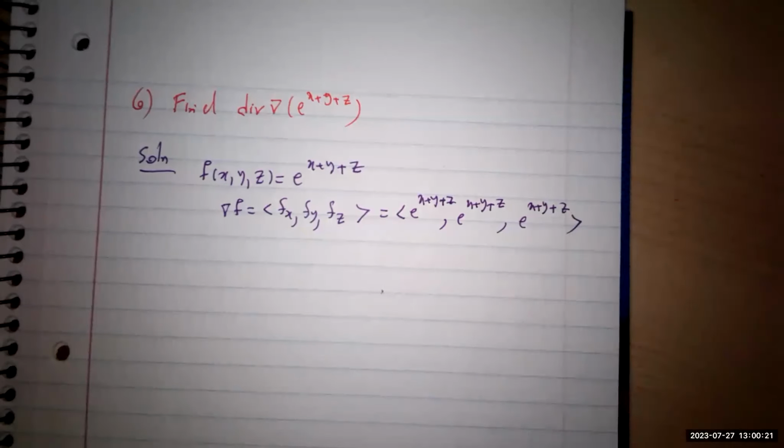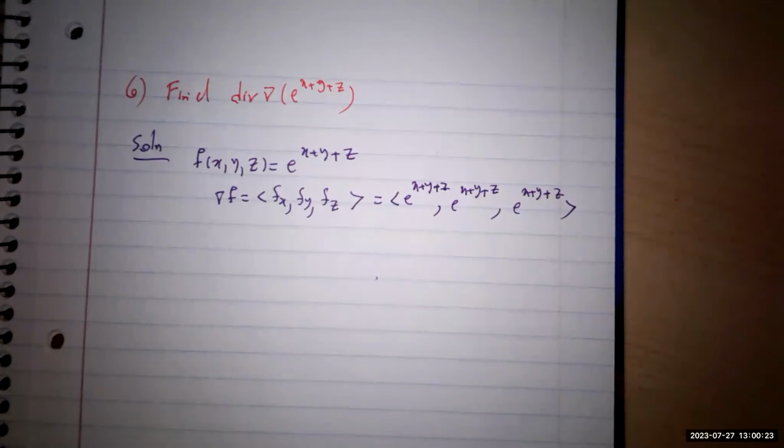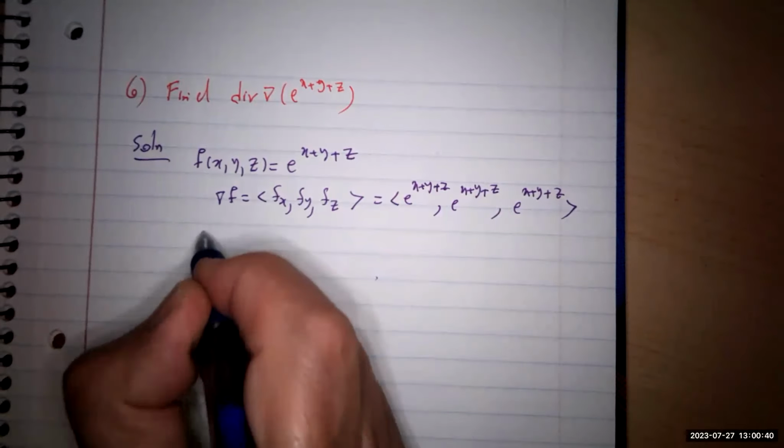That is the gradient. So it's a new function. The divergence of a function, you know, is a scalar valued function, and that would be just, recall that.